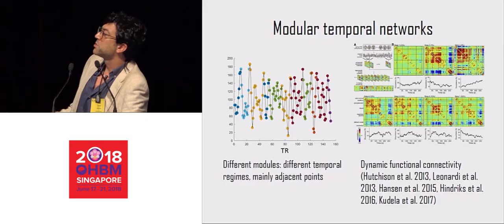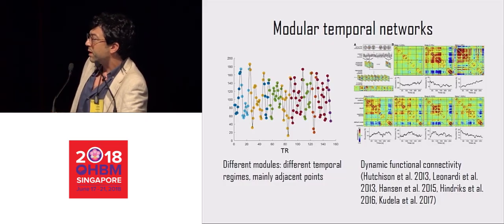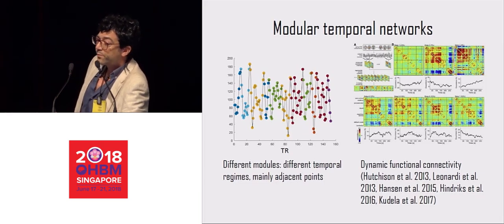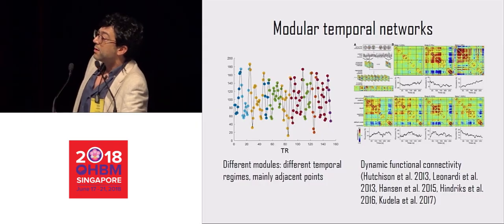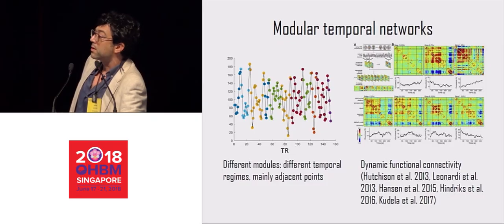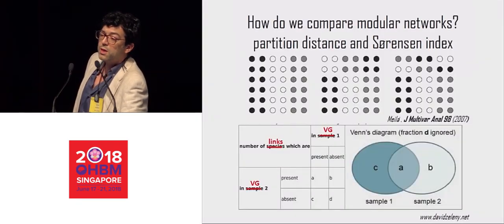Different temporal regimes have been discussed widely in this conference and in the past in the framework of time-resolved functional connectivity. So we tried to apply this framework to visibility graphs, comparing them in terms of their modular structure. How do we do this?